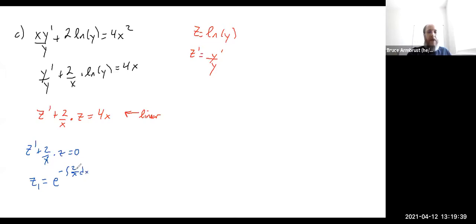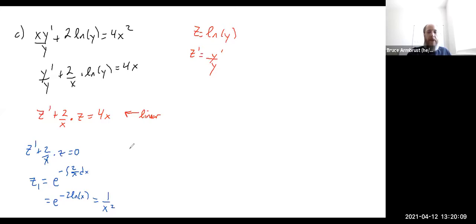Well, that's going to be 2 natural log of x. So this is e to the minus 2 natural log of x, which is the same as 1 over x squared. Bring the minus 2 as an exponent from the rule of logs, then the e and the natural log cancel, so you get x to the minus 2. All right, so there's our z1.